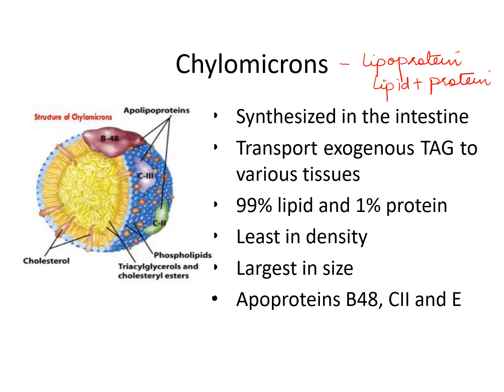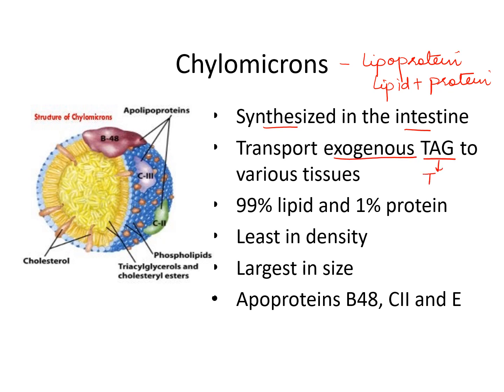That's why, for transportation of lipids, our body conjugates them with protein and forms lipoprotein, and lipoprotein acts as a transport vehicle for lipids. So chylomicron is synthesized in the intestine, and it transports exogenous TAG.